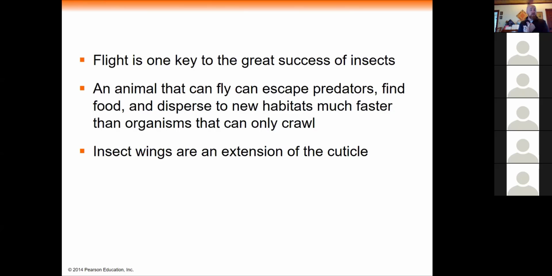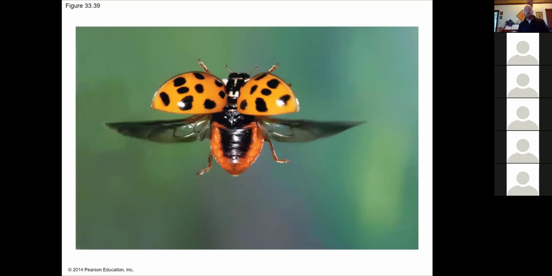So feeding on gymnosperms, adapting to flowers, and evolving flight many, many times are the keys to why we have so many. So there's one of the worst flyers in the insect group, the beetles.